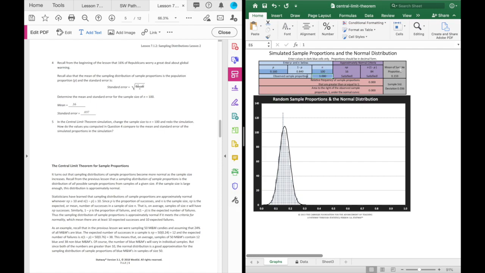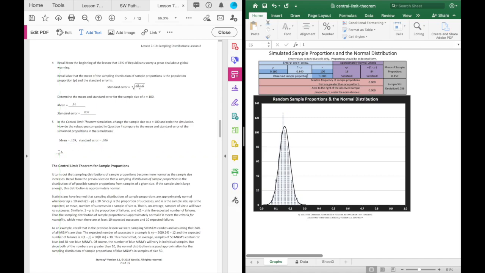Notice up here in this box, it says the mean of sample proportions is 0.159. And the standard deviation, or the standard error, is 0.036.